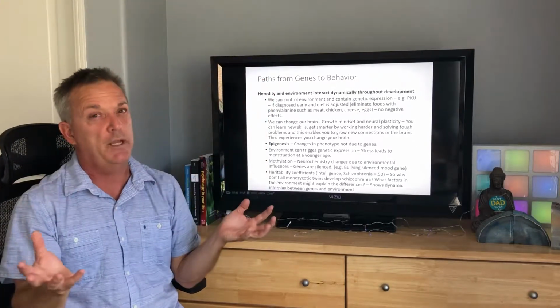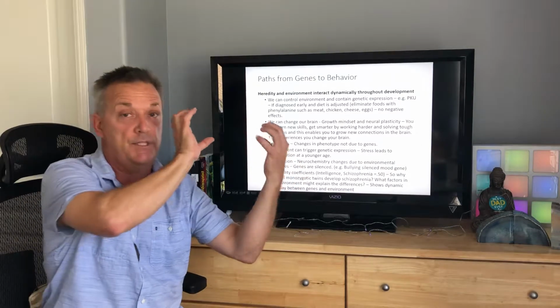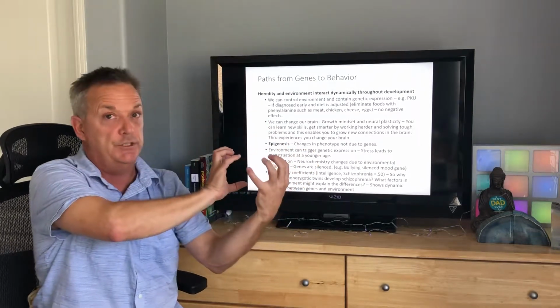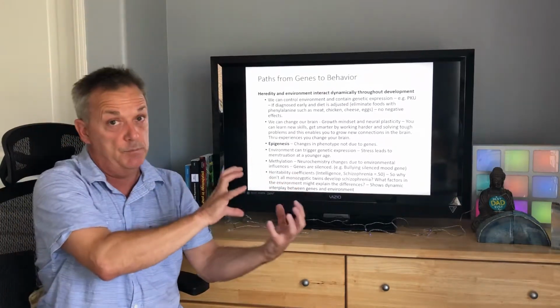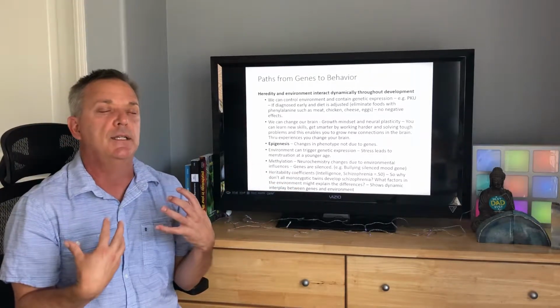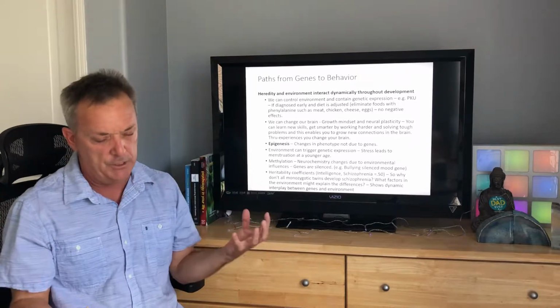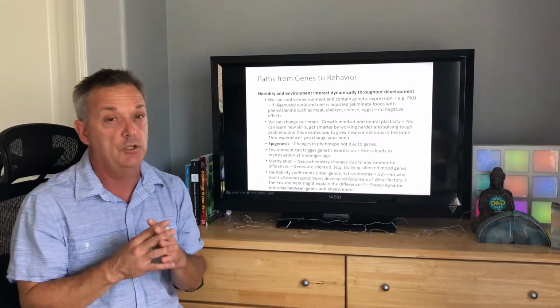And so in some ways, you are changing what's thought of as a static thing, like intelligence, for example. Intelligence is not static. Even though there is some genetic component to it, you can grow new neural connections and you're not limited by your genes.